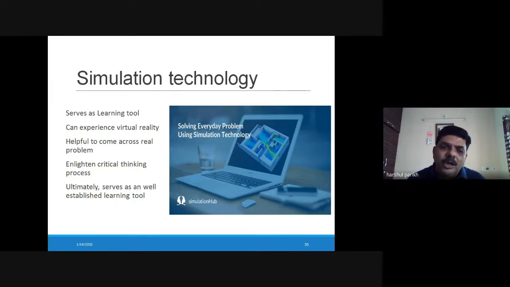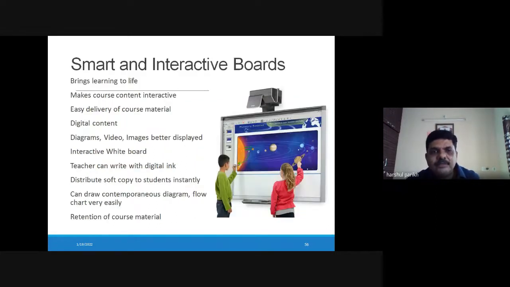It gives virtual reality and helps to come across real problems. The critical thinking process is enlightened, and ultimately it serves as a well-established learning tool. Simulation technology also gives flexibility of timings. Students can perform the simulation endless times to understand the basic principles.